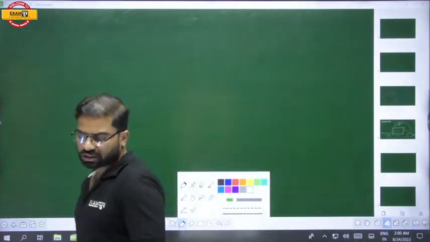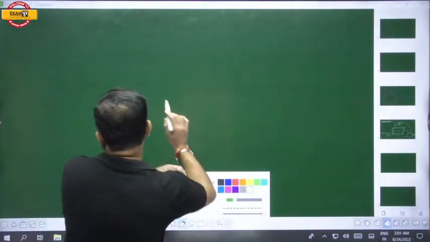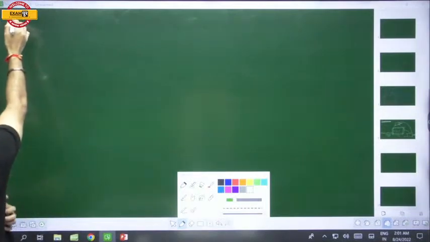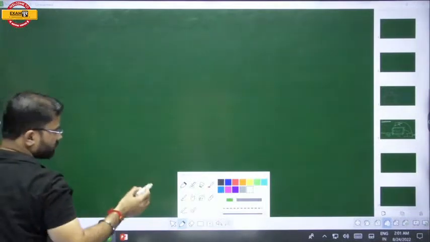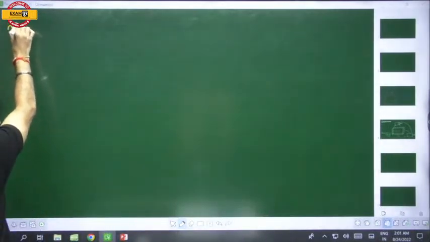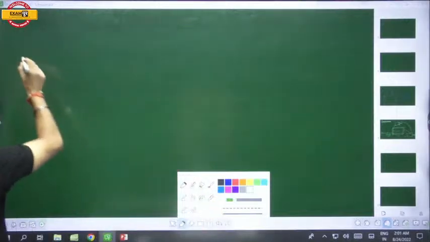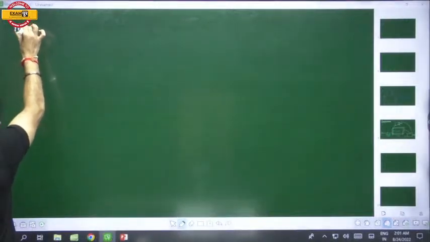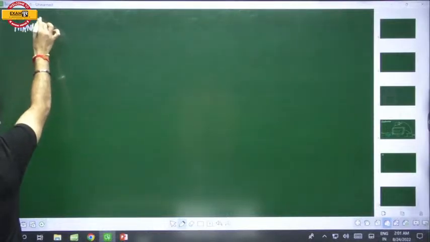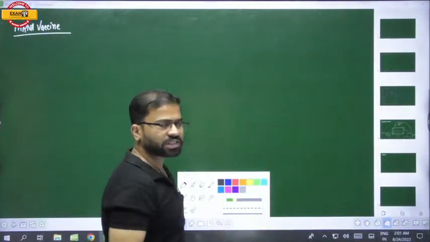For this purpose we have to see the central dogma of molecular biology. mRNA vaccine working. ठीक है ना? So to understand mRNA vaccine, we have to look at the central dogma of molecular biology.